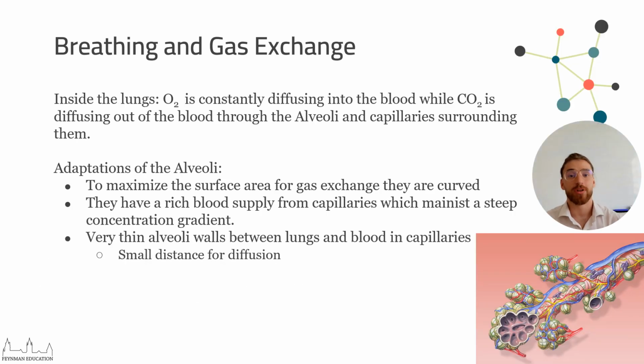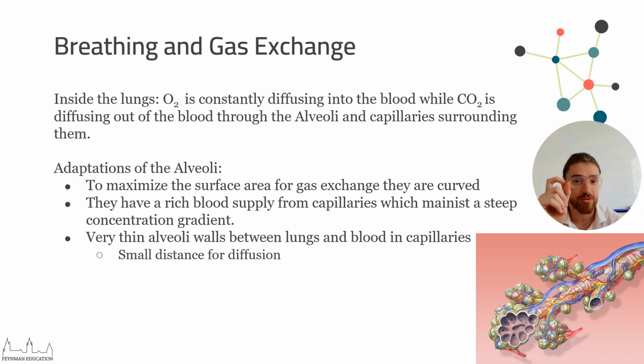So while we are breathing, okay, this gas exchange needs to happen at a certain point between the lungs and the blood. This is going to occur in the alveoli. Now, how are the alveoli in the lungs adapted to this gas exchange? Well, they are very thin, for one, so they're only about one cell layer thick.